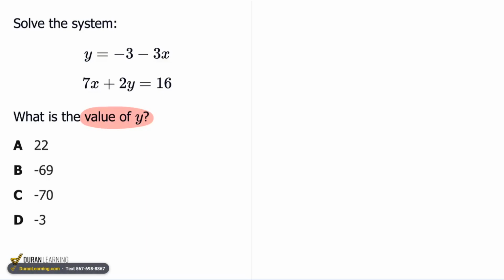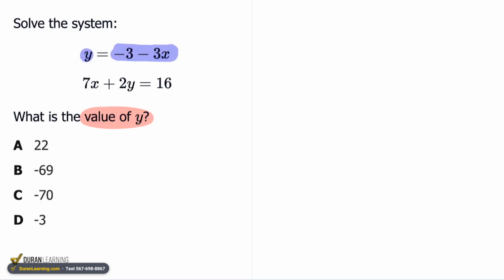All right. So that is the first and, to be honest, biggest piece of information, because as we get to solving this, you're going to notice that paying attention to the question sentence is going to save you. Let me be very clear here. Watch this. We have y being equal to negative 3 minus 3x up here.